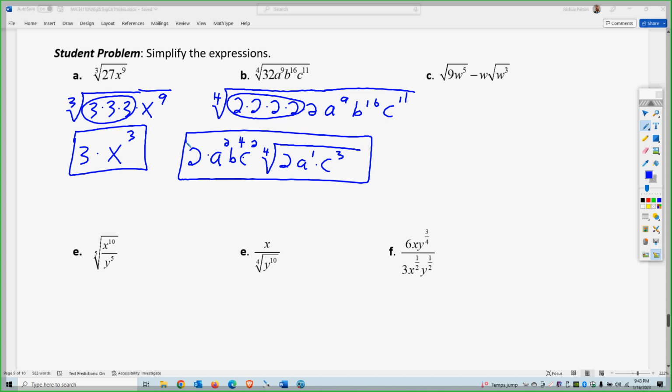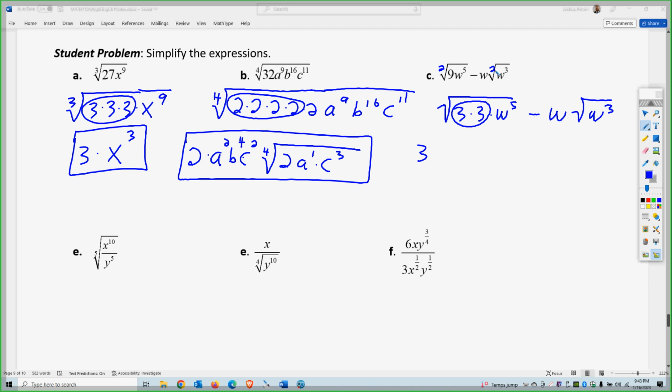Okay, last one is, no, that's not the last one. Adding and subtracting. Those are not like terms. So 3 times w^5 minus w^3, right? So a 3 comes out, but remember, this is square root, right?